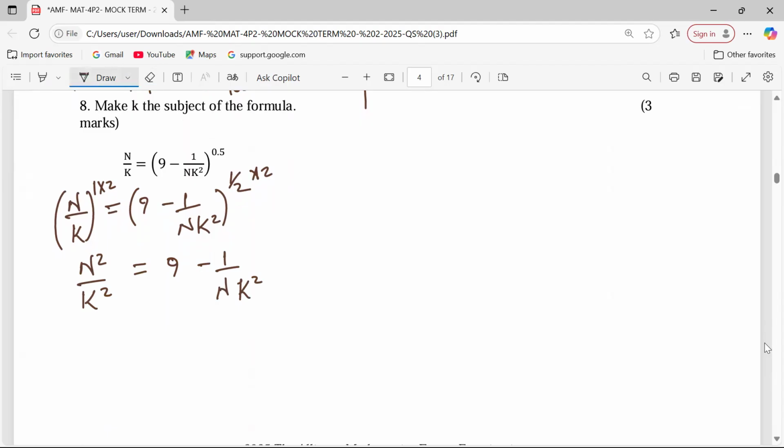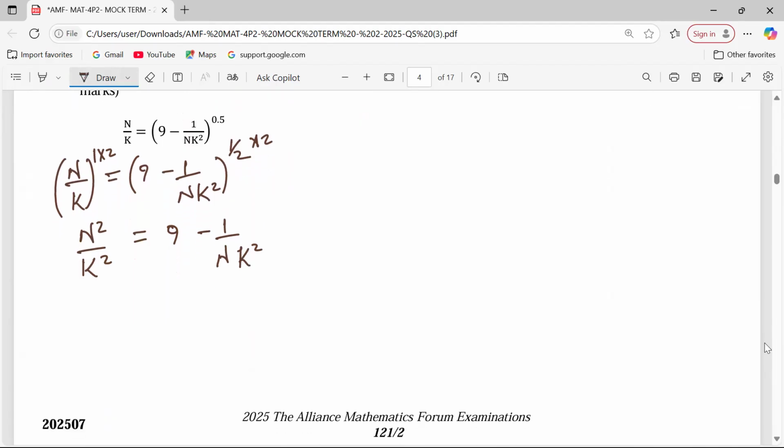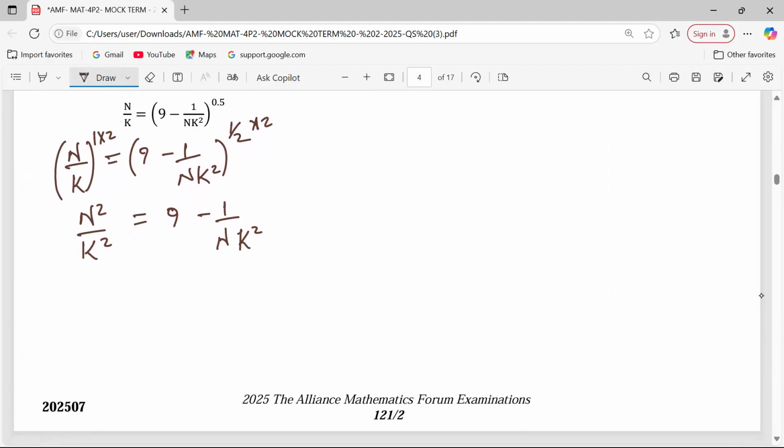Nk squared, that way. We are supposed now to ensure that the terms with k are grouped together. Therefore, allow me now to talk about n squared over k squared. Then we add 1 over n k squared equals 9.